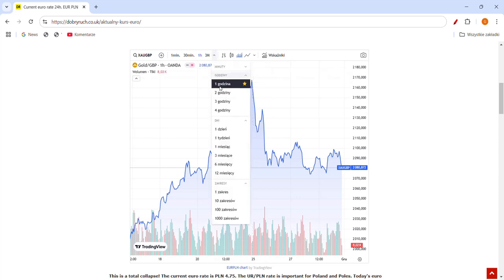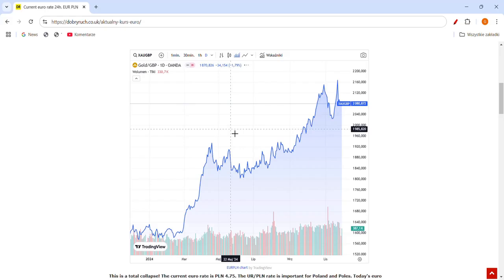Well, Bank of England is printing so much money. They are conducting quantitative easing. They are lowering interest rate, so the pound is getting weaker.